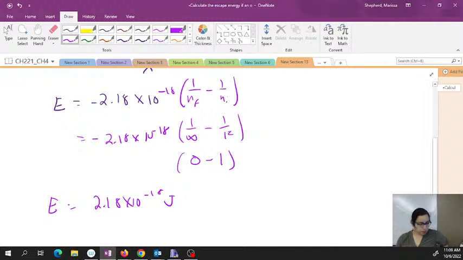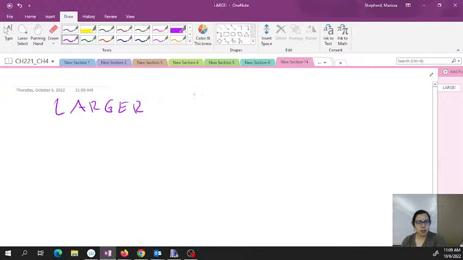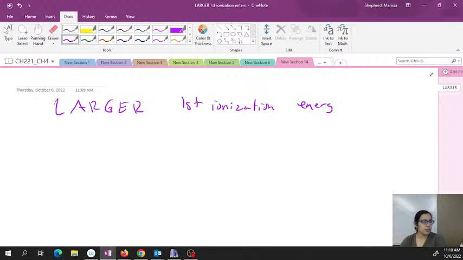And then how do we feel about just the number 5, the first ionization energy one? So maybe let's just go over that. So basically, which has the larger first ionization energy? And it gave you some pairs. And so let's look at the first one.